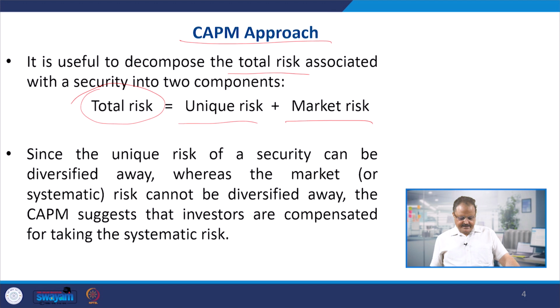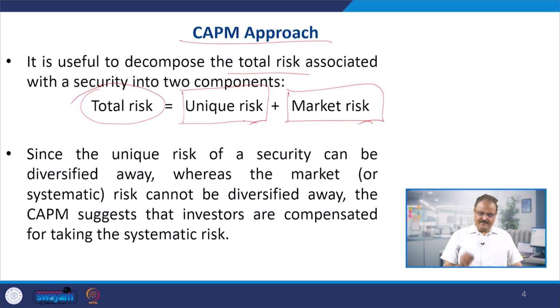Market risk is what you call systematic risk, which comes out of the overall financial market system, and unique risk is the security-specific risk, that particular stock-specific risk. Stock-specific risk arises because of the product profile of the company, the overall and historical performance of the company, and any other sources of risk because of the operating or financial structure of that particular company whose stock we are planning to invest in.